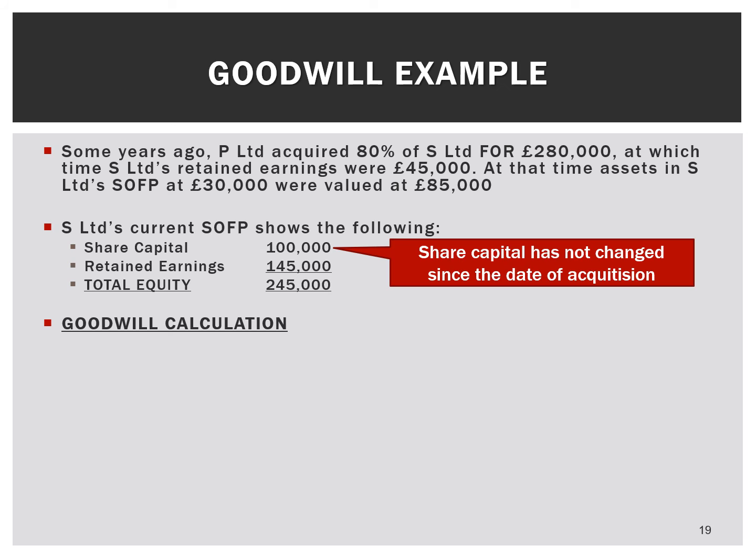So now we can carry out the calculation. First of all, we need to know the net asset value of S Limited at the date of purchase, and that will be the share capital of 100,000, because we know that hasn't changed since the date of purchase, so we can use the current figure. And we need to add on to that the retained earnings, not the current figure, but the retained earnings as they were when we purchased our 80% of the company.